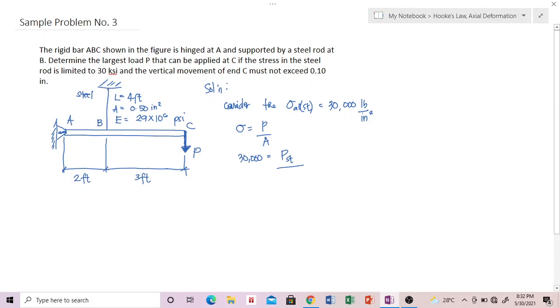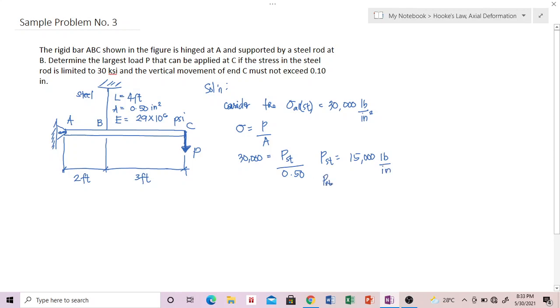The cross-sectional area of the steel is 0.5 square inch. So therefore, we have P steel equivalent to 15,000 pounds per square inch.